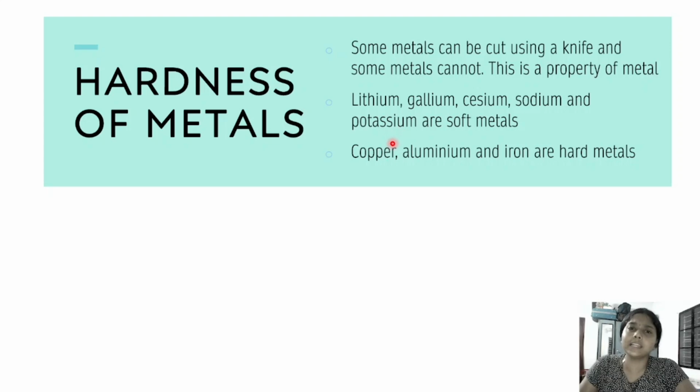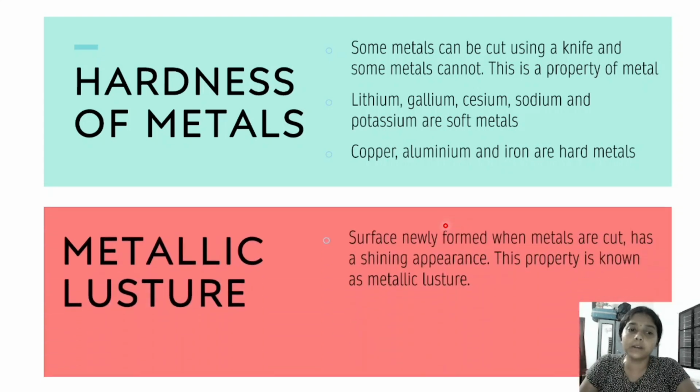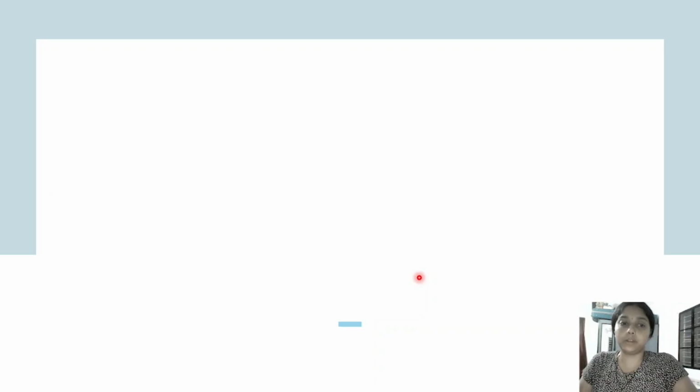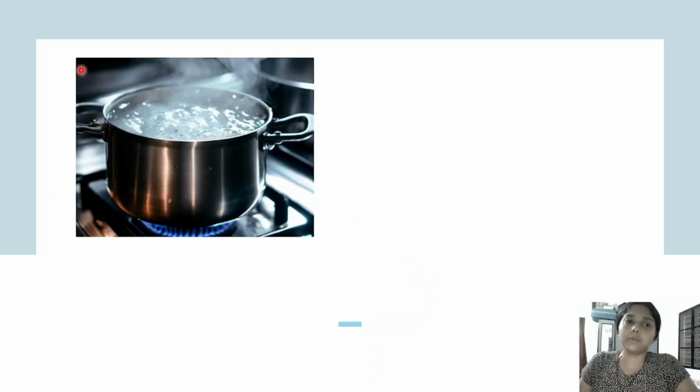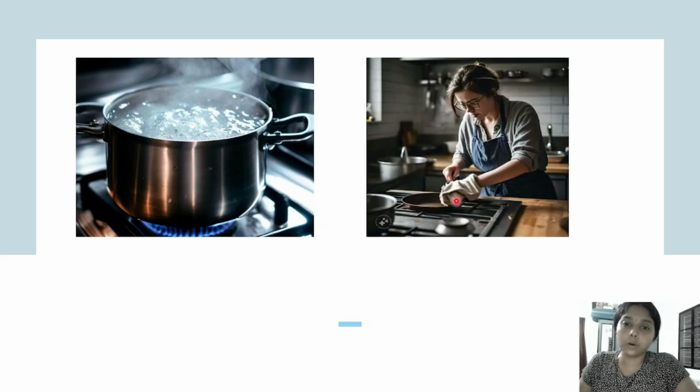You have seen that there was a shining appearance in the cut portion of sodium. So what is it called? It is called metallic luster. The surface newly formed when the metals are cut has a shiny appearance. This property is known as metallic luster. Very good. Now, in the picture, you have already said that the metal gets hot, so we use cloth.